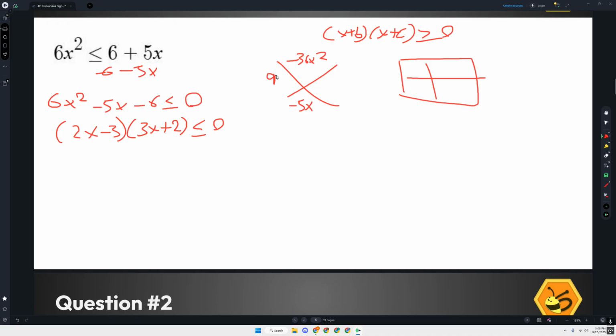Nine and 4, so 9x and 4x. We need one negative, so to get negative 5x we put a negative in front of the 9. Then we put negative 9x, 4x, negative 6, and 6x squared. Then 3x goes here, 2x, 2x, and negative 3, which gives your 2x minus 3 and 3x plus 2.